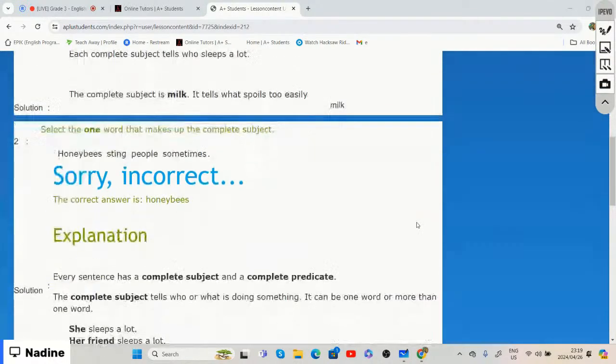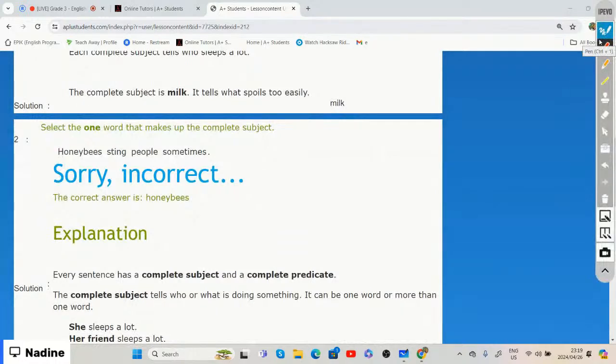All right, if we look at the next sentence, it says honeybees sting people sometimes. Honeybees sting people sometimes. We need to select one word that makes up a complete subject. That one word that either tells us who or what is doing something.